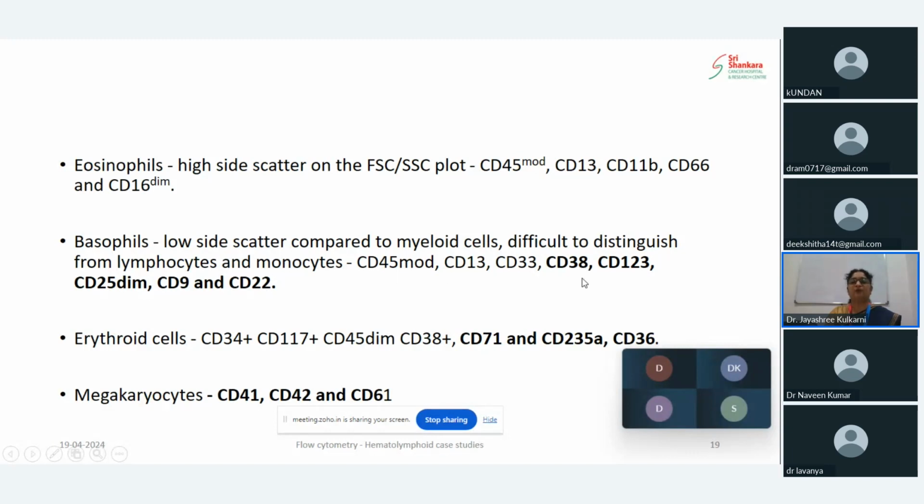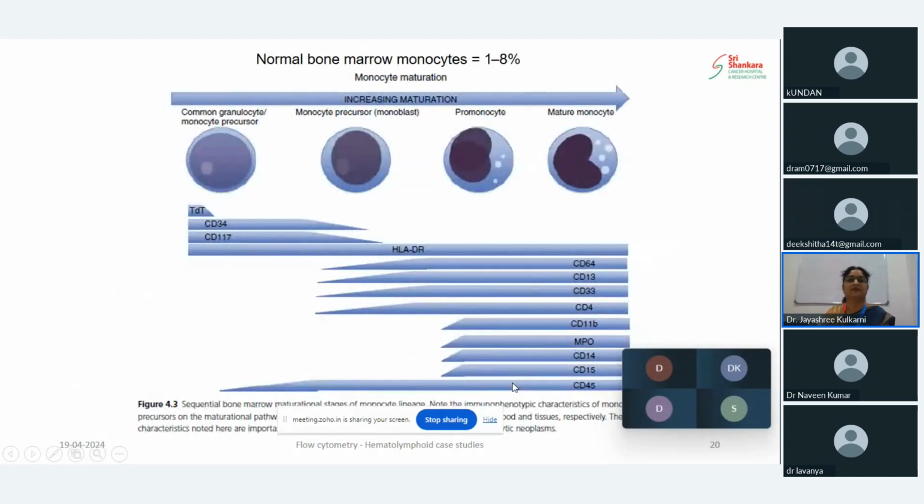But they will be positive for CD38, 123, CD9, 22. These are the useful markers when it comes to basophils. Coming to your erythroid series, CD71 and CD235. For megakaryocytes, it's your CD41, 61, CD42. These are your important markers.